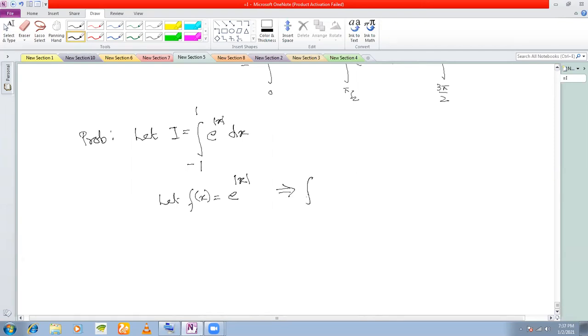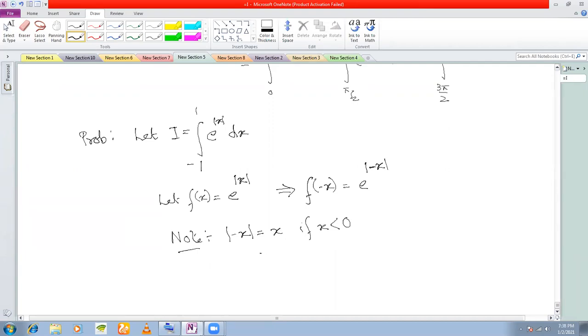So I check whether this is an even function or odd function. I take f(minus x) is e to the power of minus mod x. Now what happens? You know from the property of modulus that minus mod x is equal to x if x is less than 0. If x is negative, then minus x becomes positive.